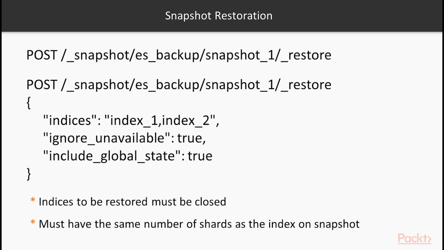In addition, the index must also possess the same number of shards as the index in the snapshot. Very important. Otherwise, it might be more beneficial to first delete the index and then perform the restoration process, because Elasticsearch recreates all non-existing indices during restoration.